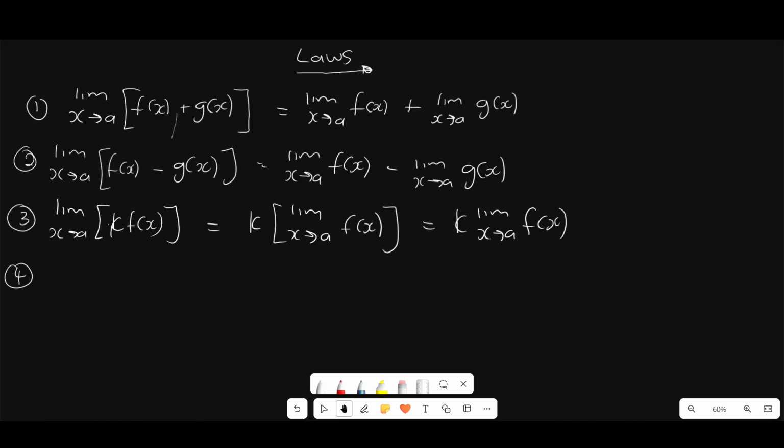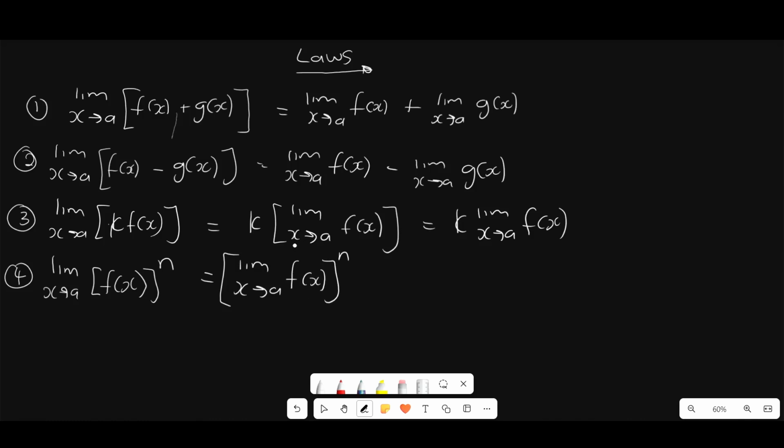So let's look at number 4, which is the limit of a power. When we say the limit as x approaches a of the function f(x) raised to the power n, where n is of course an integer, we can put everything in one bracket, the limit of f(x) raised to the power n.